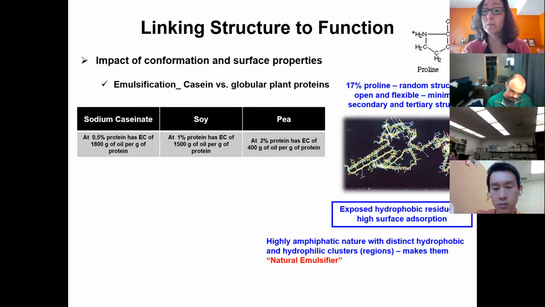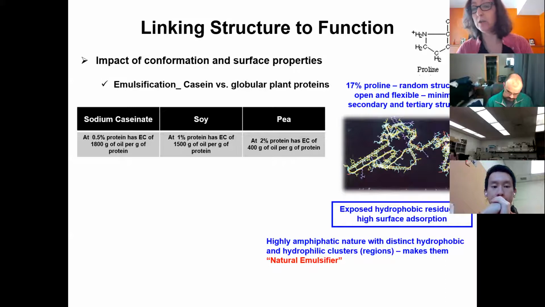So it's a flexible protein and it has a nice balance and distinct regions that are hydrophobic and hydrophilic. It's not that it has alternating hydrophobic and hydrophilic amino acids. It has regions of mostly hydrophobic and regions of mostly hydrophilic and charged. So we call it a highly amphipathic kind of protein.